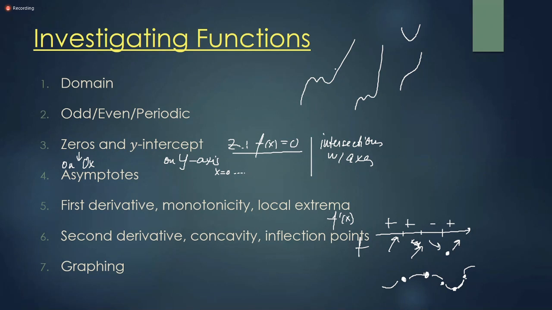Then there might be some other functions for which asymptotes are very useful, but finding the second derivative is messy. Finding the inflection points is very difficult, so we sometimes skip that part if it doesn't help. And for graphing, of course, you may choose as many additional points as you like.